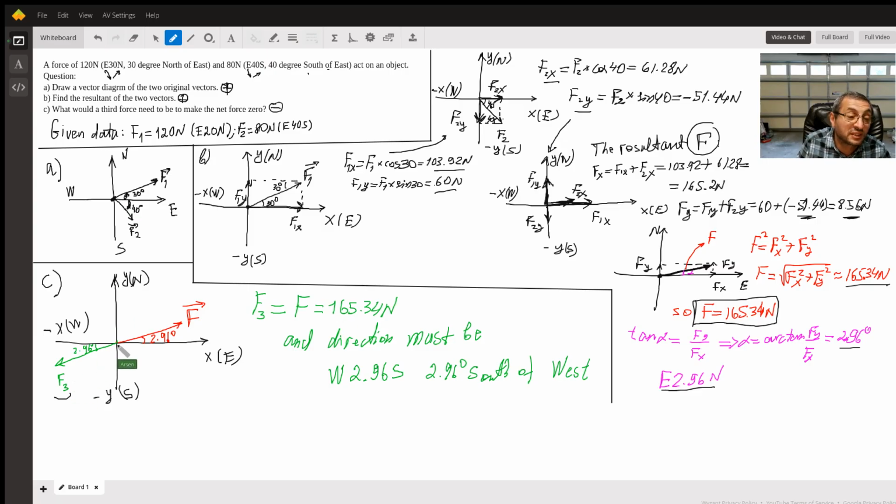It should be exactly opposite to F. It should have exactly the same magnitude, 165.34 newtons, which we found from here, and the angle should be 2.96 degrees. How can we write it? It should be 2.96 degrees south of west. So it starts from west and goes towards south. So it means we solved this problem also.